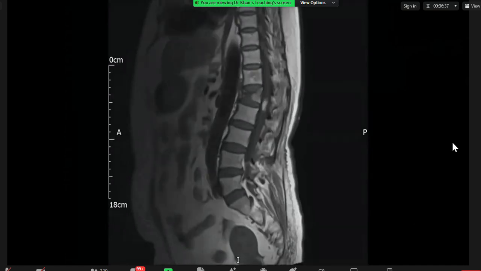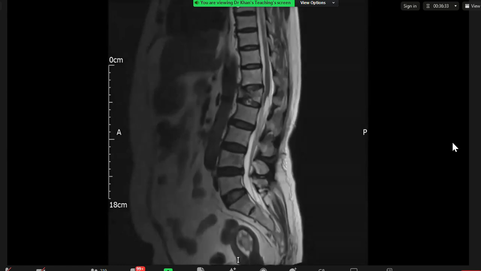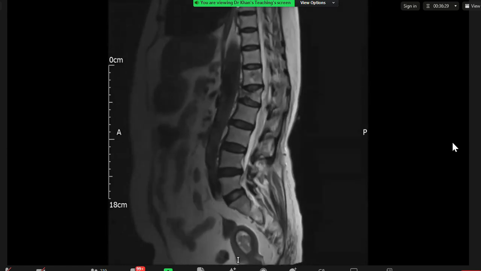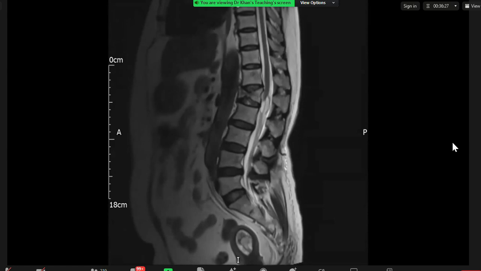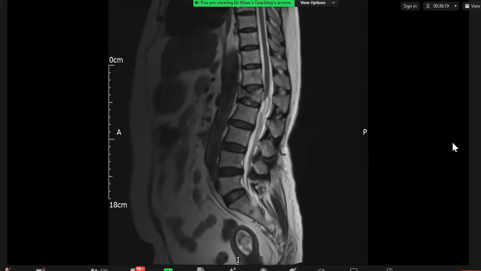So there's high T1 signal within the cord, so the differentials for this would include hemorrhage. However, I'm trying to find the diagnosis which will put everything together. There are 3 different diagnoses. Okay, so I think one diagnosis would be endometrial cancer.